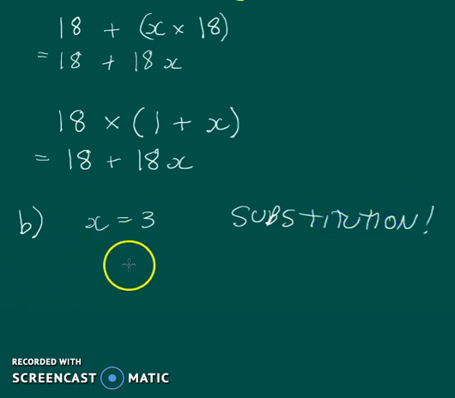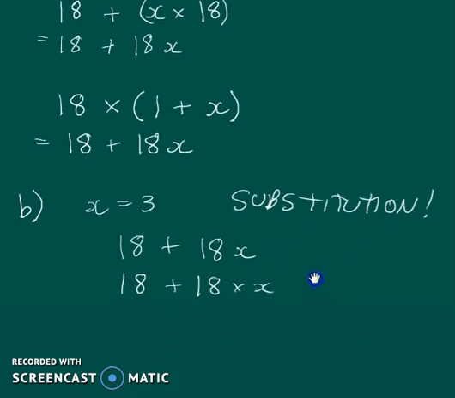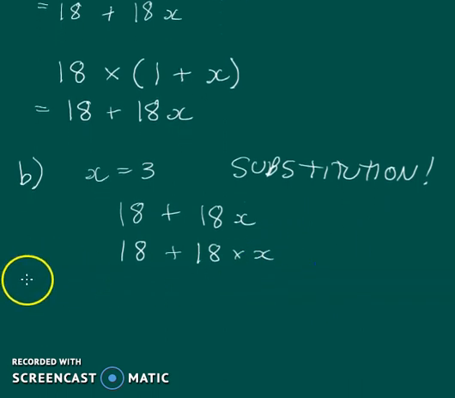So if our formula says 18 plus 18X, in other words, 18 plus 18 times X, you can now substitute X equals 3.